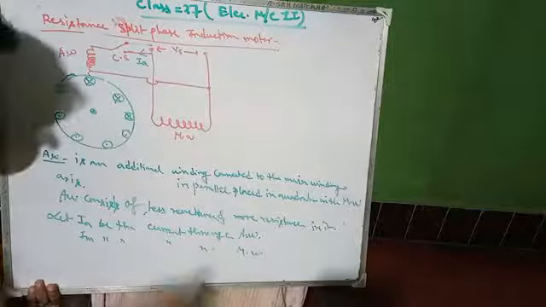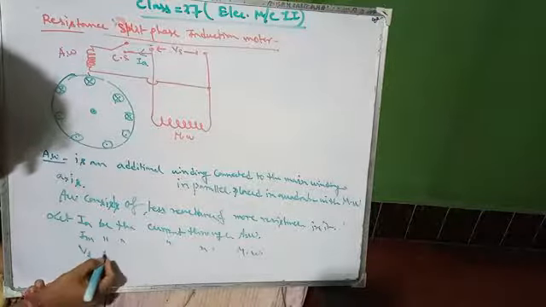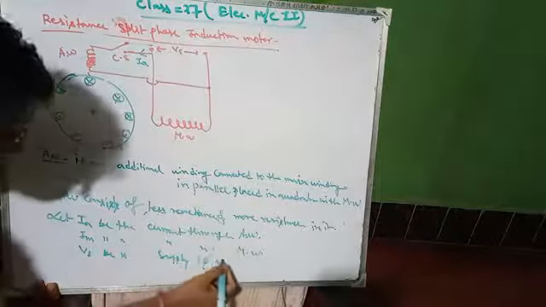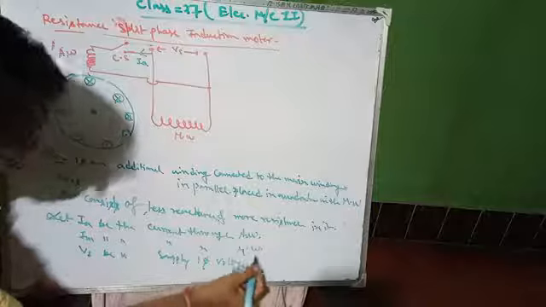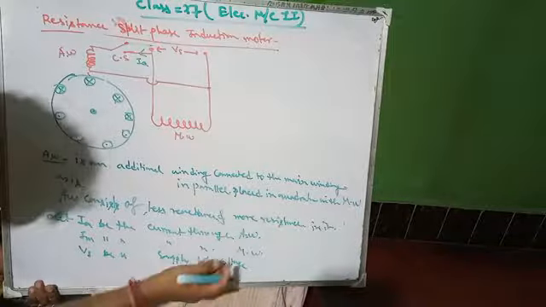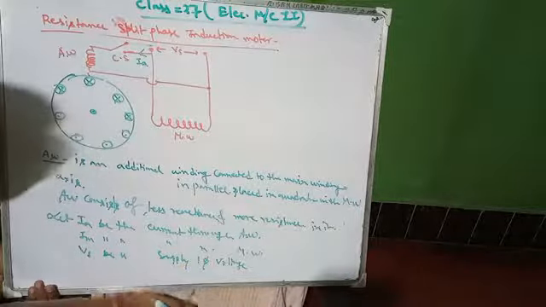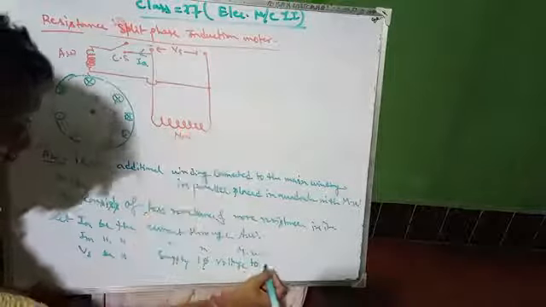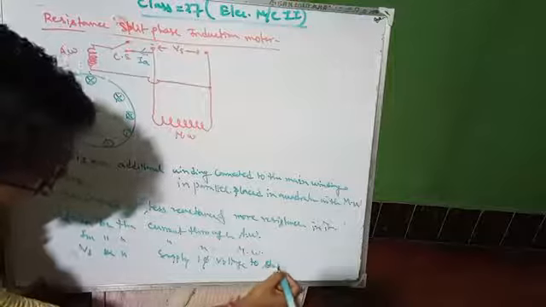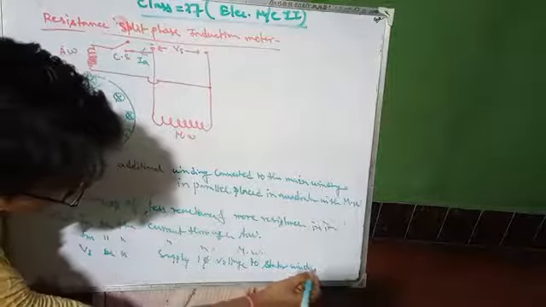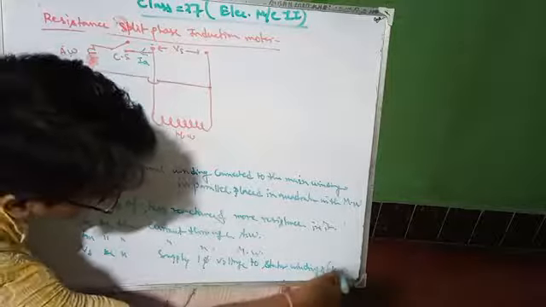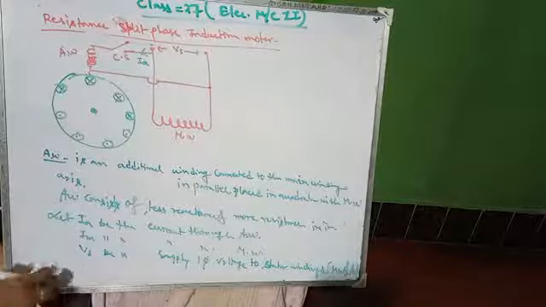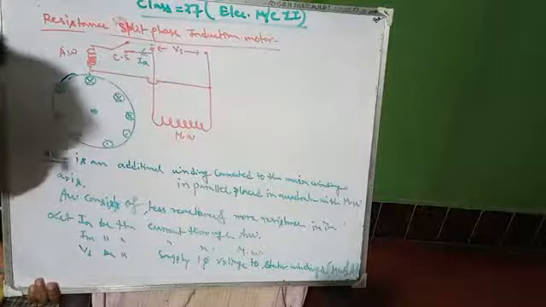And Vs is the supply single phase voltage to the stator windings, that is MW and AW, both. Okay, so this is all about your assumptions first.